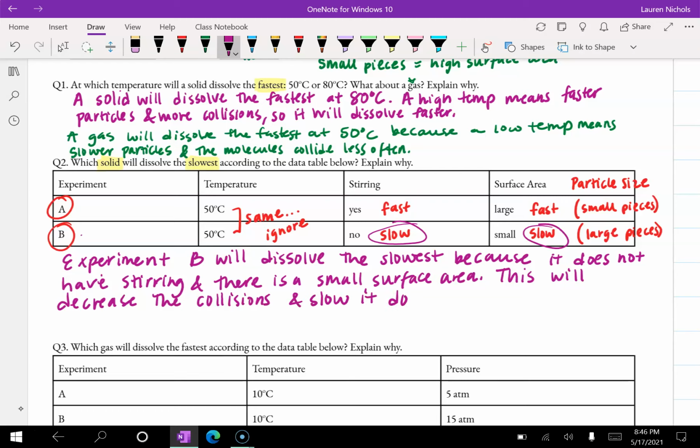Okay, so that is the key part, being able to talk about the collisions and getting experiment B as the slowest, and talking about the stirring and surface area. Those are the key features of an answer that's going to get you full credit.